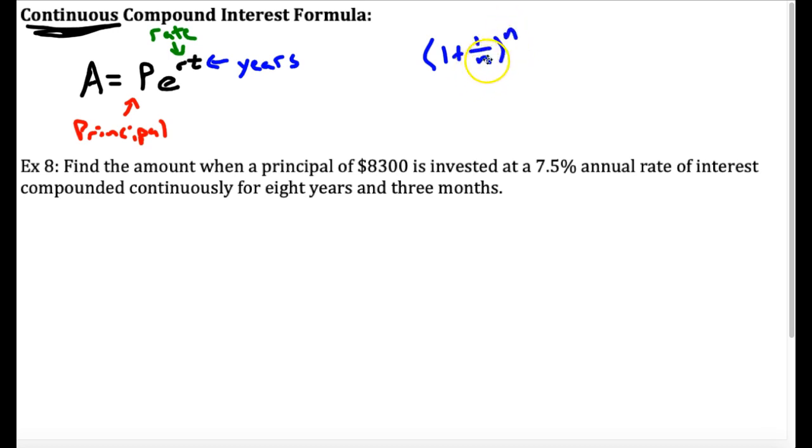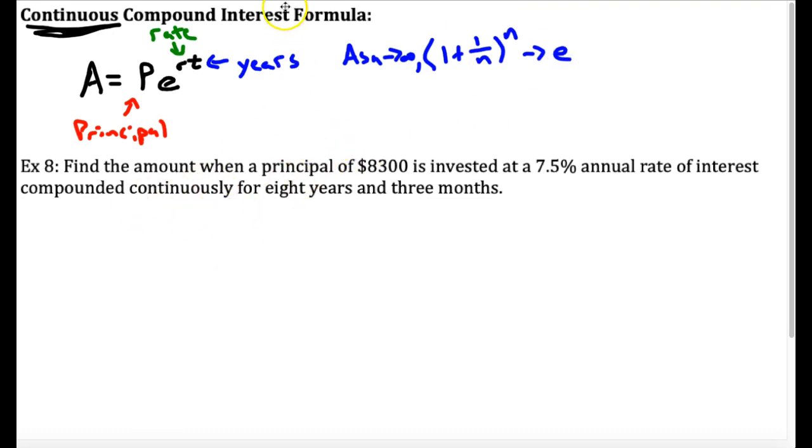Okay, so if I made these 1,000,000 or 10,000,000 or 10 billion, we can say this: as n approaches infinity, or as n gets larger and larger and larger, this approaches the value of E. So as n goes to infinity, this approaches E.